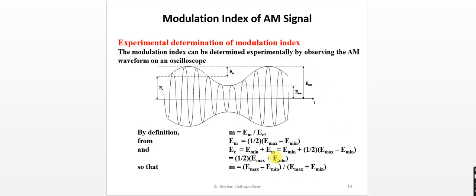This is the other modulation index formula, used to solve numericals, and when we want to extract the modulation index from the experimental setup, that means the oscilloscope waveform, we use this formula. Hope it is clear to you.